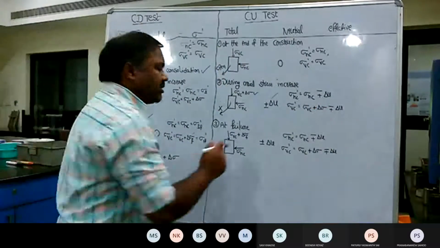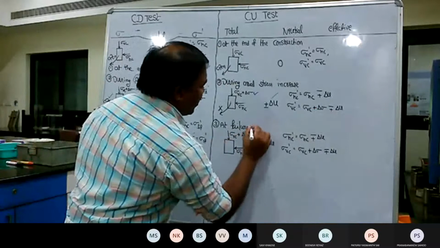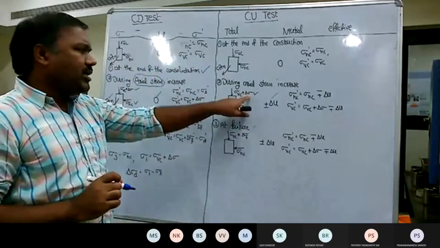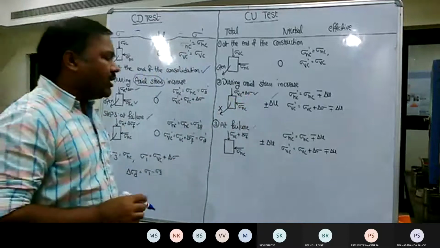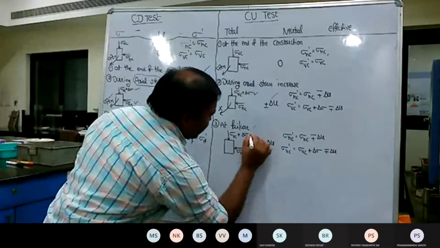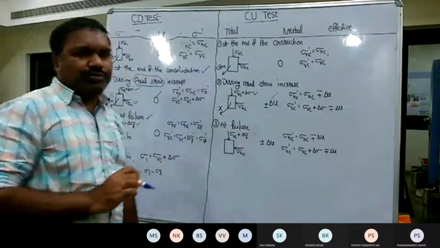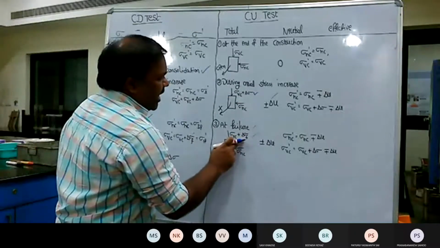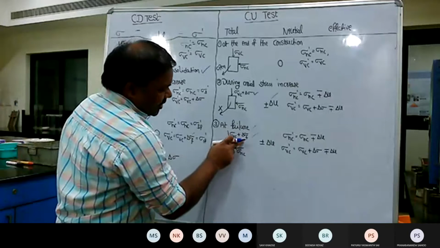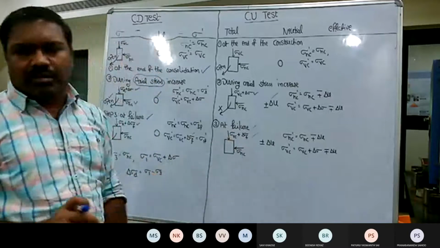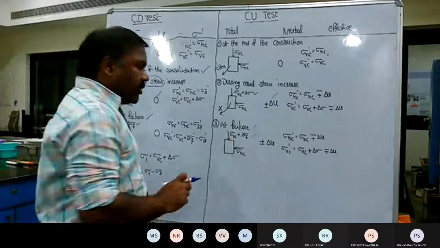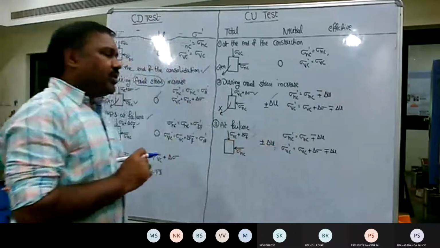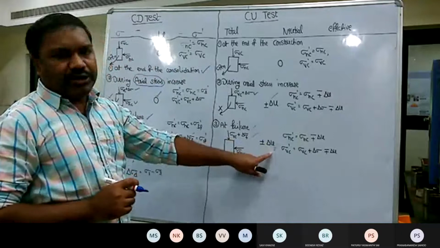Now the last is at failure, where you keep on increasing the delta sigma until the sample has achieved a state of failure, where at that condition the axial stress shall be represented as delta sigma F. Here also the final pore water pressure that is developed can be represented as delta UF.